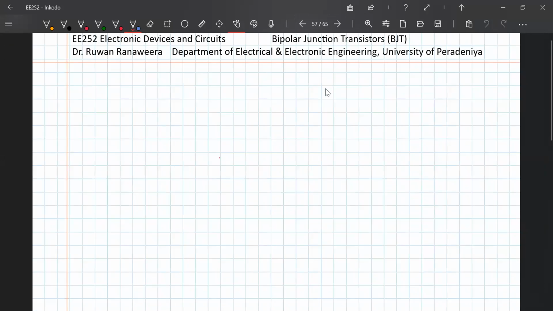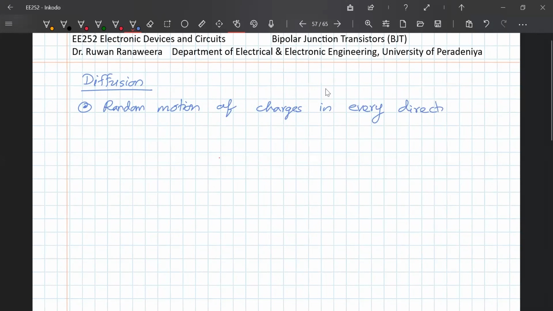Now, the second mechanism of charge motion is called diffusion. This is basically random motion of charges in every direction, like Brownian motion. They randomly move in every direction.